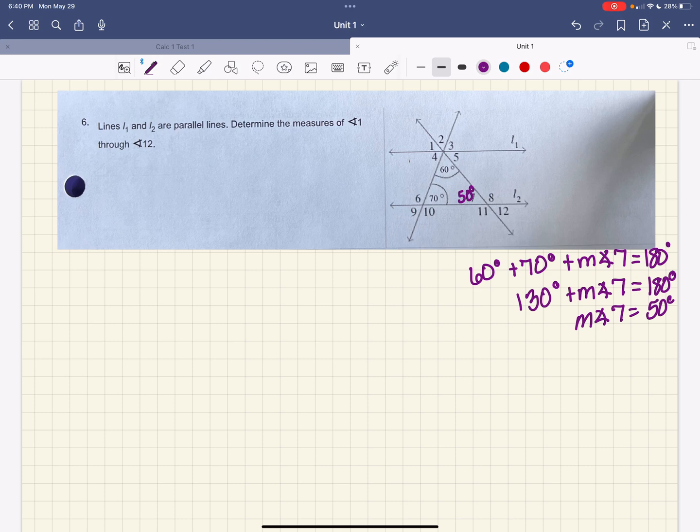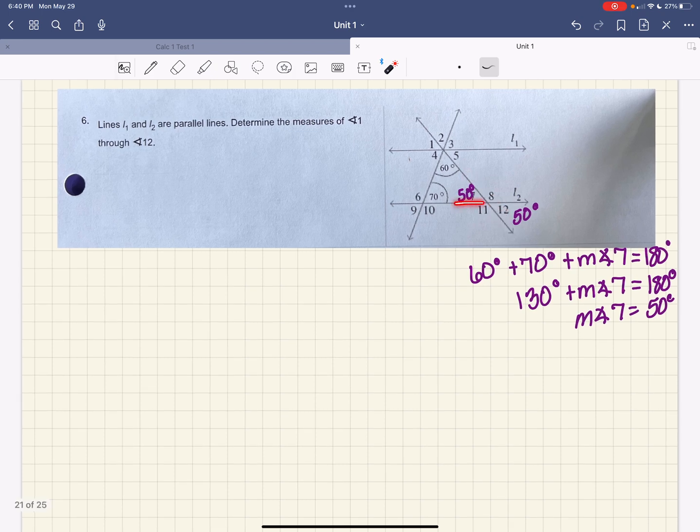Now, we can figure out the measurement of angle 12 because it is a vertical angle, so that is also going to be 50 degrees. Then we can figure out the measurement of angle 8 right here because this makes a straight line right here, and it also makes a straight line right here.